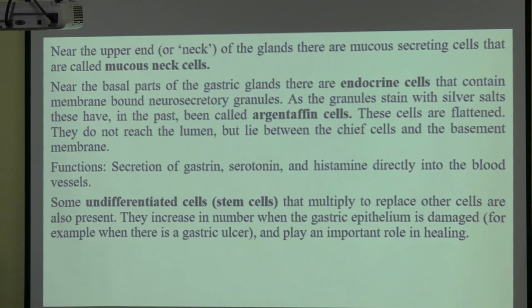Next other types of cells are also present, that is the mucous neck cell which is present at the neck of the gland. These are mucus secreting cells. Okay, now please note that two different types of cells are there which are secreting mucus. One is the lining epithelium and another is the mucous neck cell.